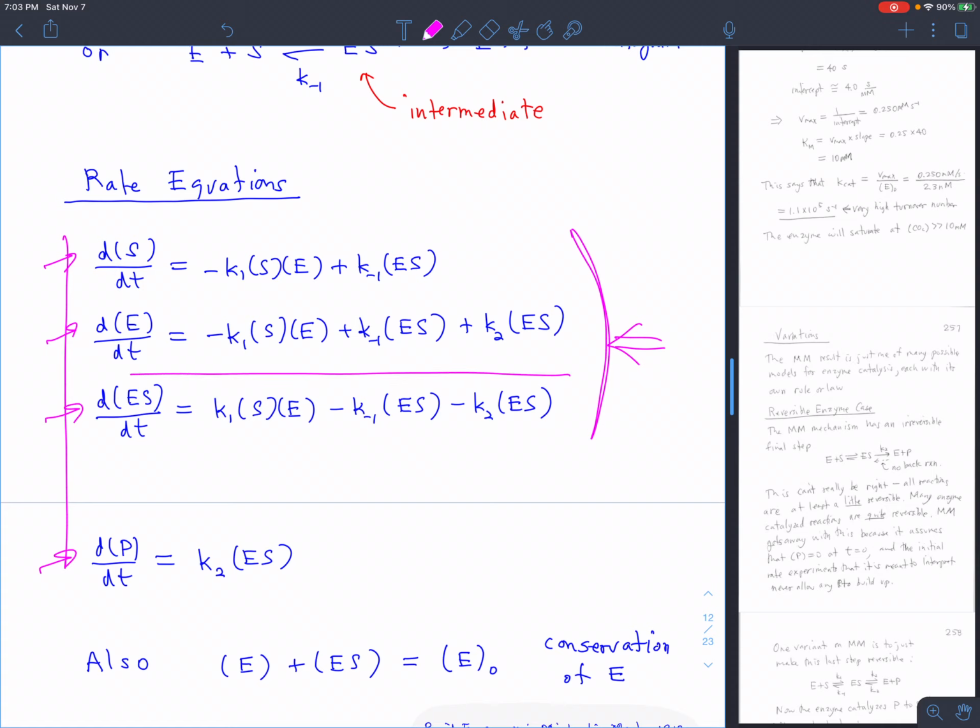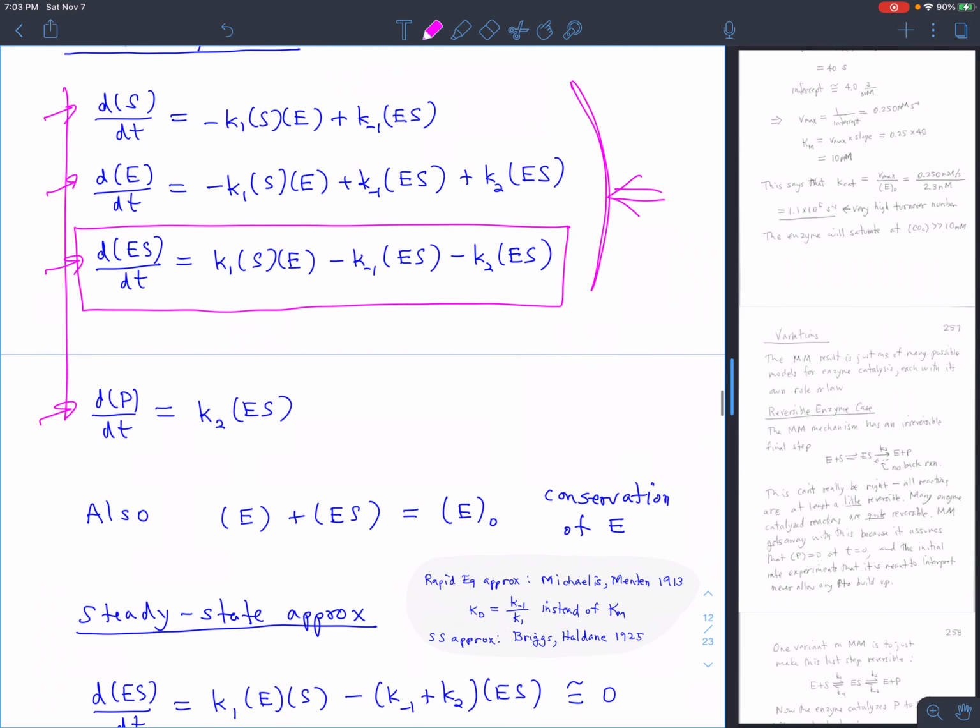The only one that really matters for us is this one for the intermediate, because we're going to use the steady-state approximation, which means setting that to 0. And this one for the formation of the product, because that's our definition of the rate of reaction. What we mean by rate of reaction in this setting is the rate at which product P is produced.